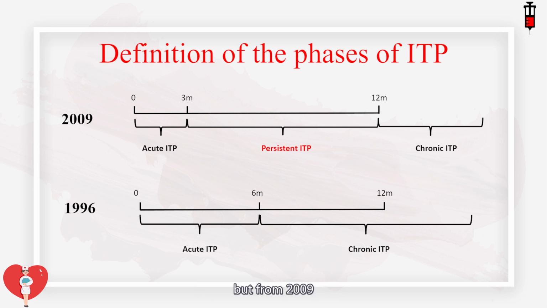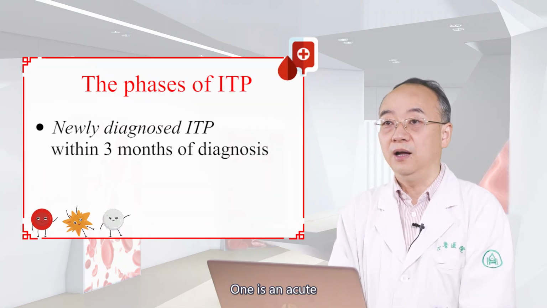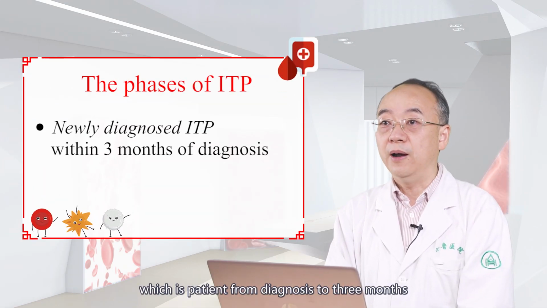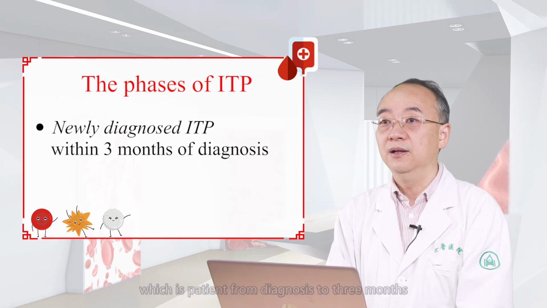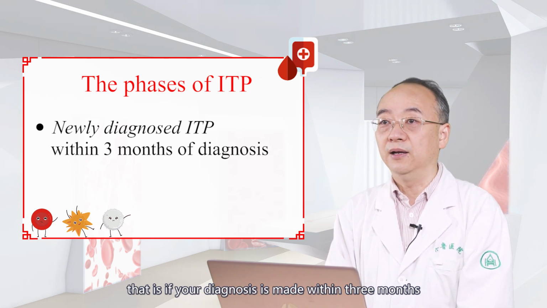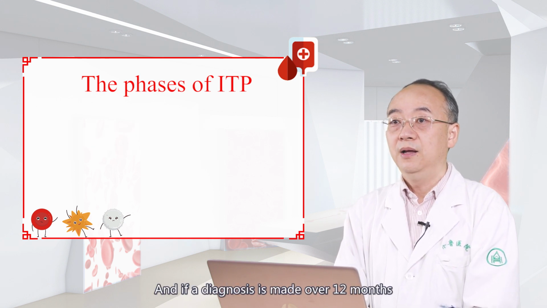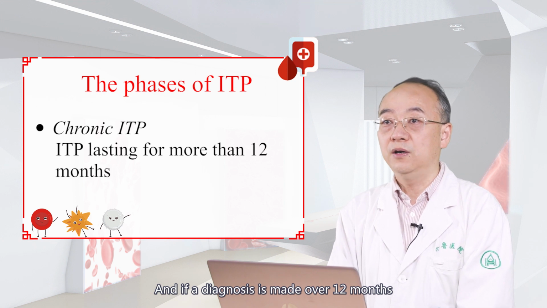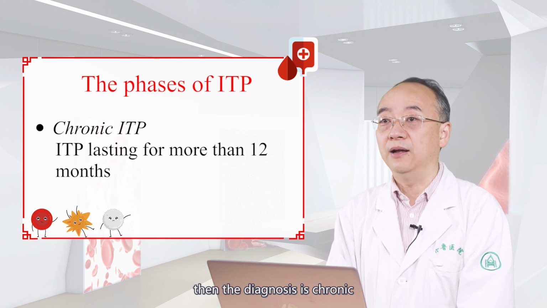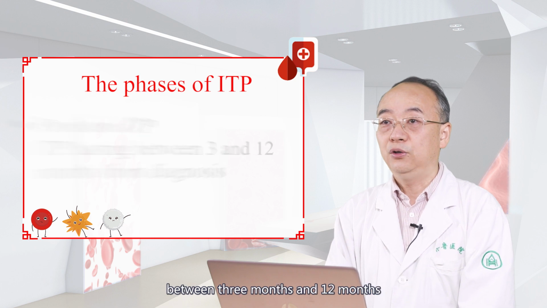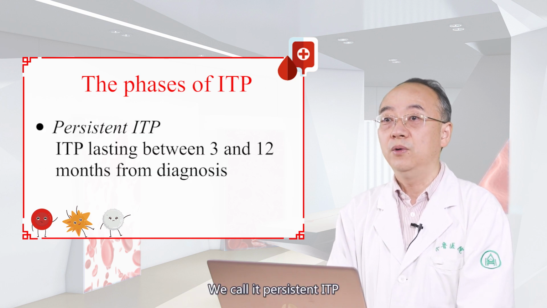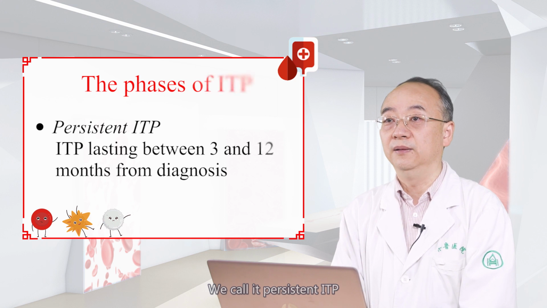But from 2009, the International Working Group of ITP recommended dividing them into 3 phases. One is acute, from diagnosis to 3 months. If your diagnosis is made within 3 months, the patient is diagnosed as acute. If the diagnosis was made over 12 months ago, then it is chronic. Between 3 months and 12 months, we call it persistent ITP.